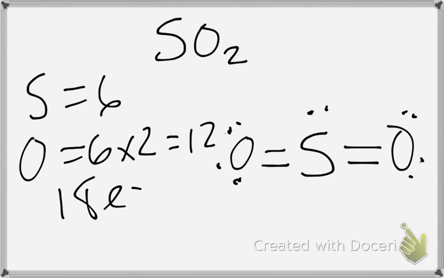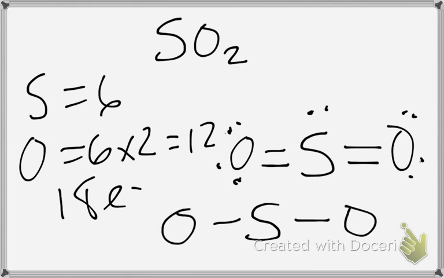Alright, so the structure that we want to use, now take note that sulfur dioxide can also be written this way. Right, so we have single bonds versus double bonds. And when we remove a bond from the sulfur and the oxygen, we create two electrons.